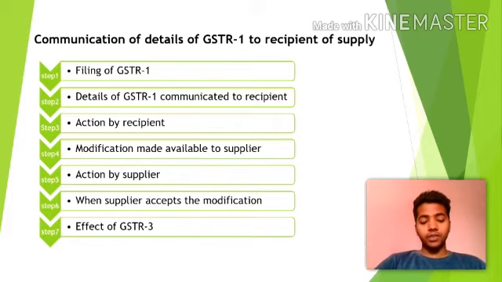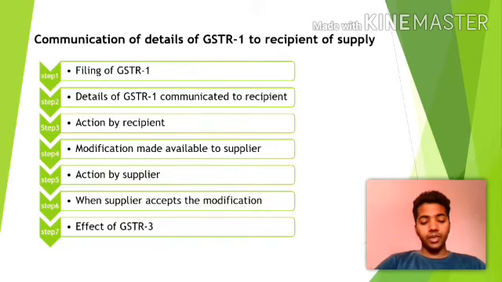Such information is reflected in Part A of Form GST Return 2A or Part A of Form GST Return 4A. The third step is action by recipient. The recipient is provided an opportunity to add, correct and delete such details in a two-way communication process.